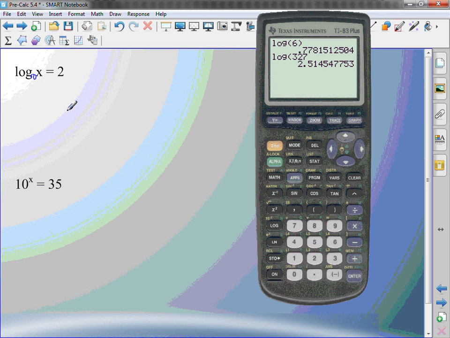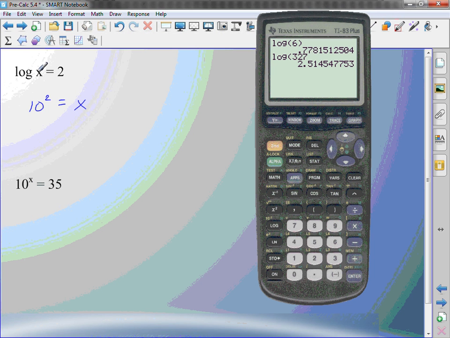Okay, change the log into exponential form. 10 to the second power equals x. The way to think of these problems, changing from a log to exponential, it is always the base to the exponent equals the answer.